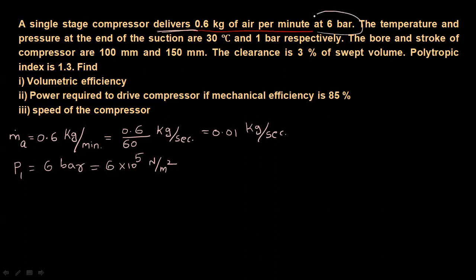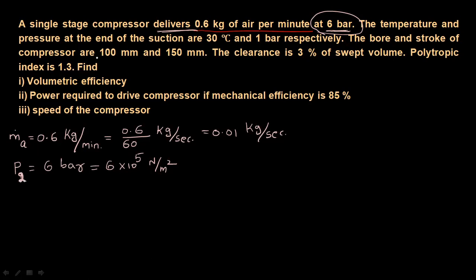The delivery pressure means after compressing the air, whatever compressed air we are supplying to the container, that pressure is given as 6 bar. So this is not P1, this will be our P2, the delivery pressure.